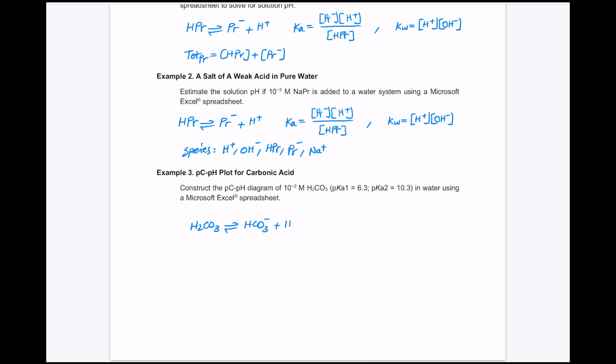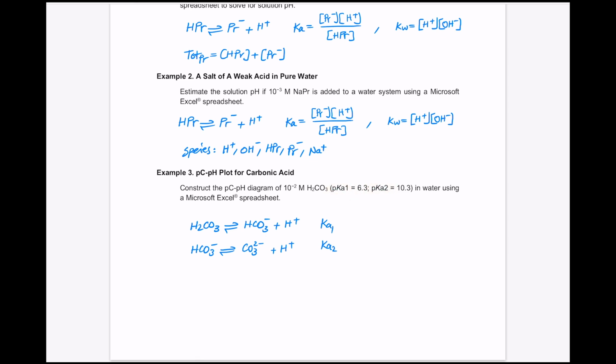First releasing one proton, so we have Ka1, and then releasing the second proton to be fully deprotonated, plus H plus, and this was Ka2. In this case, the pKa values are also given.